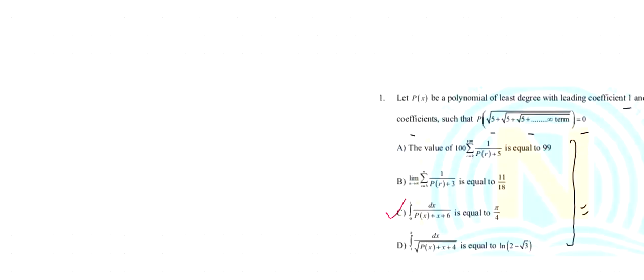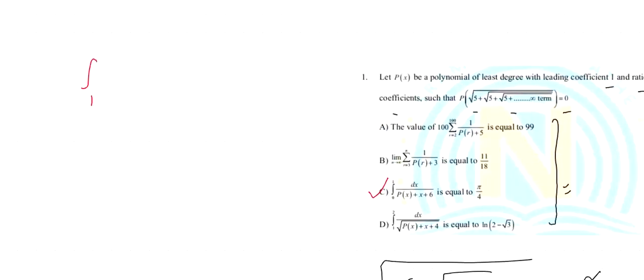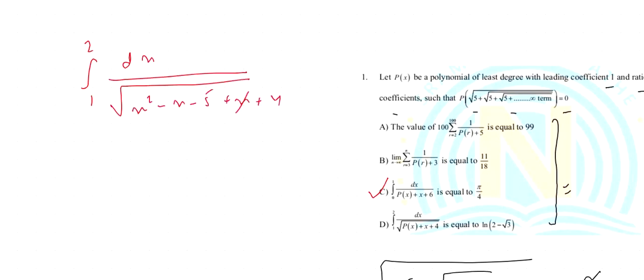Let us check option D now. Integral 1 to 2 dx upon square root of P(x) plus x plus 4. So this will become x square minus x minus 5 plus x plus 4, right? So we got integral 1 to 2 dx upon square root of x square minus 1. Well, there is a direct formula for this expression also.